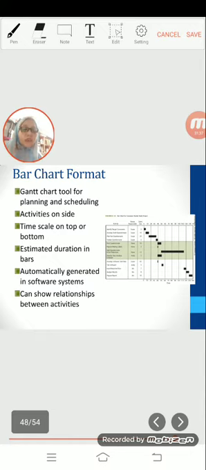Gantt charts often also have a column that indicates who is responsible for every single task. This Gantt chart depicts the consumer market study project that we have been analyzing.